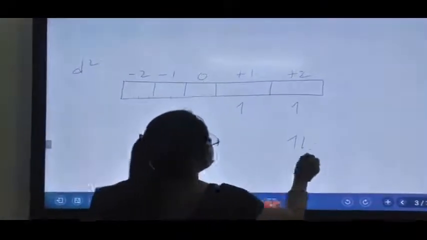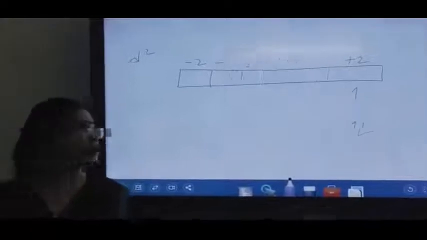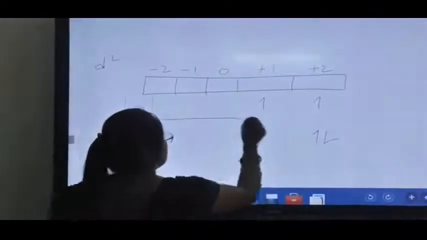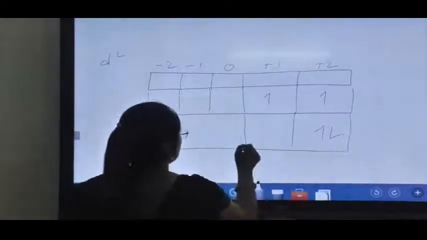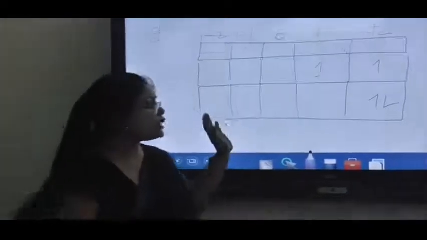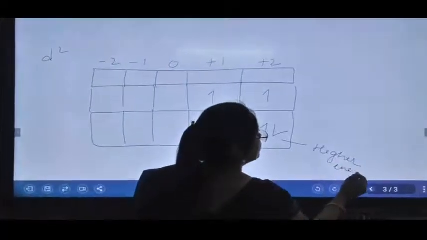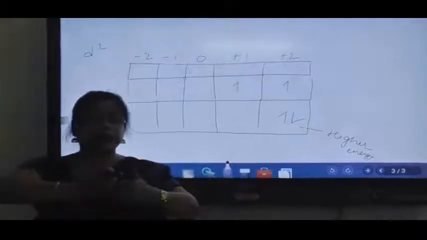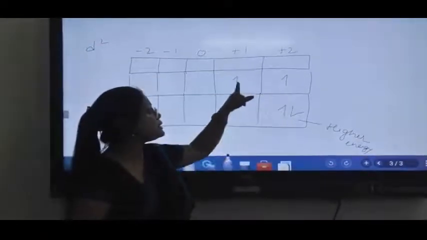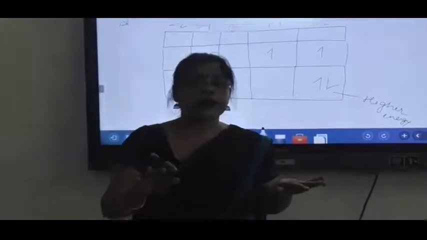Now, if I put both electrons in the same house, do you think both states will be similar? Definitely not. Here the two electrons are in two different houses, and here you are forcing both electrons to stay in the same house. So this must be a state of higher energy, because you are forcing the two electrons to pair up in a single cell, whereas when they are given two different cells, they will be of somewhat lower energy.